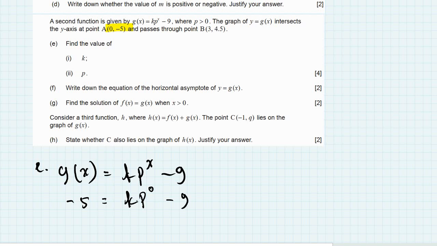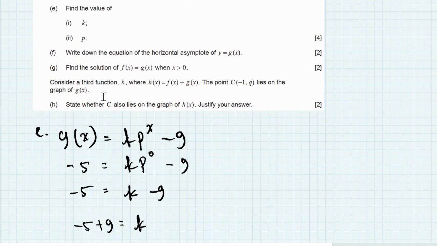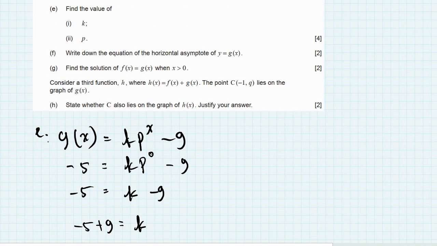Everything to the power of 0 is 1. So negative 5 equals k times 1, we don't have to write it, minus 9. So k will be negative 5 plus 9. So k is equal to 4. That's our k. And then we have to find p.